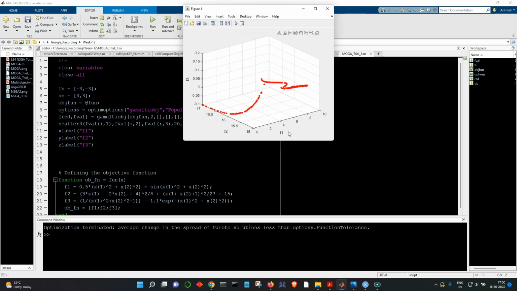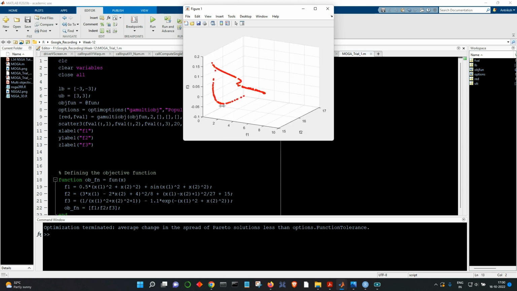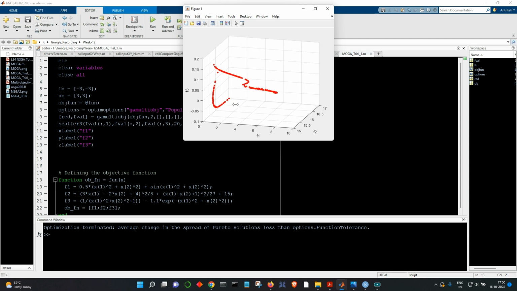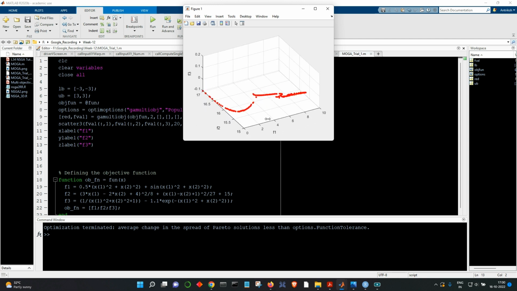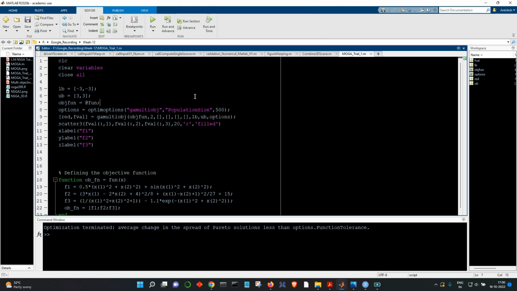So F1, F2, F3. So this is your Pareto optimal front, and then you go in this and see what significance or importance you want to give to each of F1, F2, F3, and get the value of x1, x2 to get that particular Pareto point in the Pareto front.